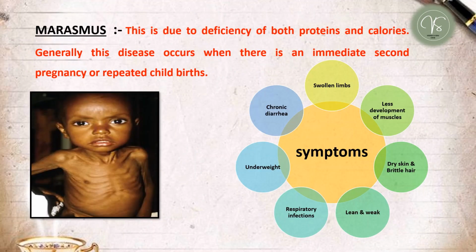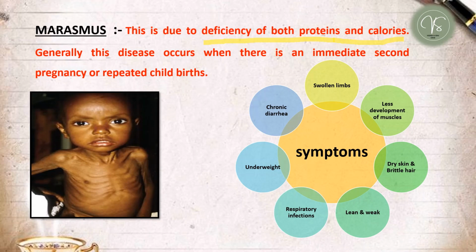There is another disease, that is marasmus. This occurs when the child is fed with a diet in which both proteins and calories are less. And this occurs usually in women who have an immediate second pregnancy or give repeated childbirth.